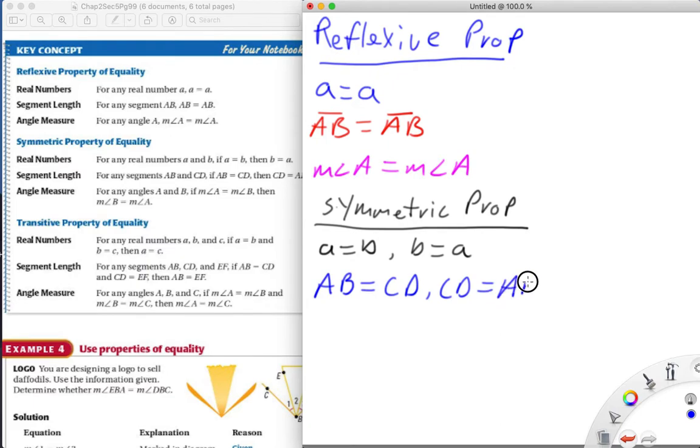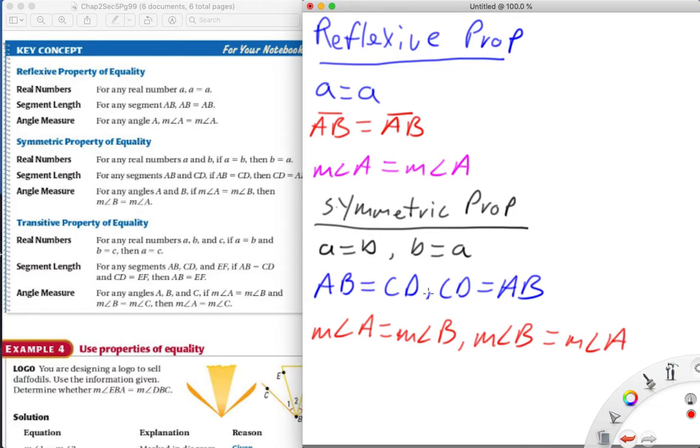We're just switching the order. And also for angles, if the measure of angle A is equal to the measure of angle B, then the measure of angle B is equal to the measure of angle A.